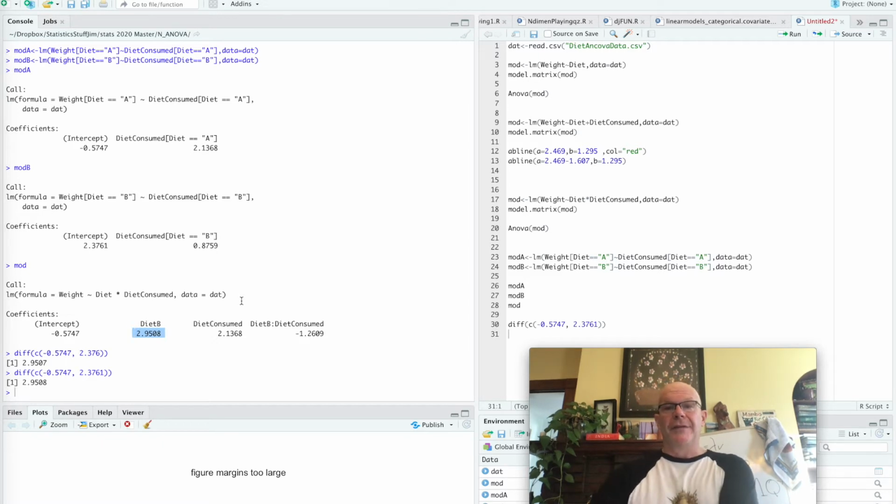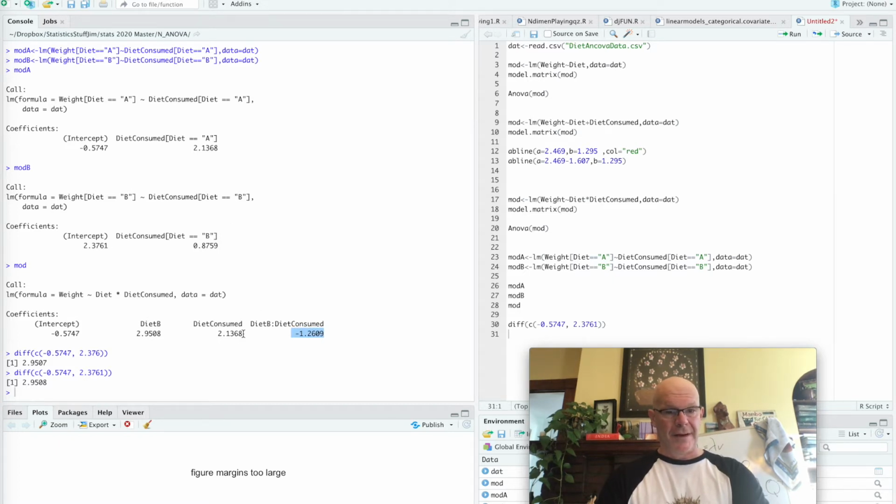So next, let's think about the slopes. And so if we compare the slope for our model B to that interaction term right there.